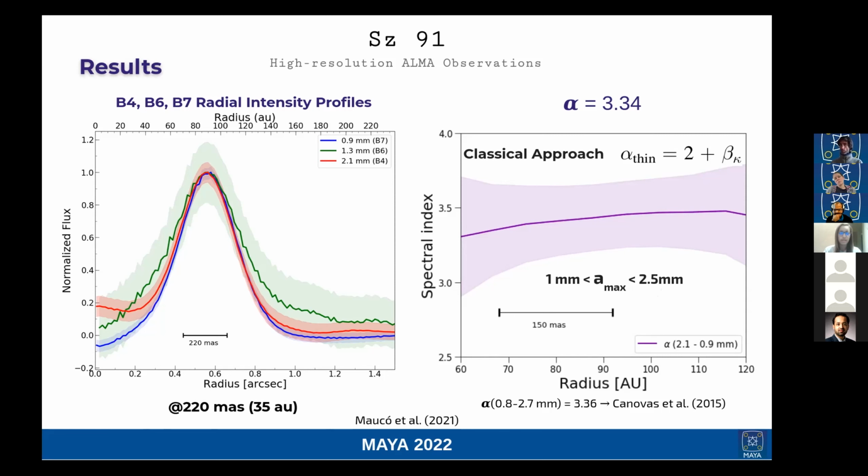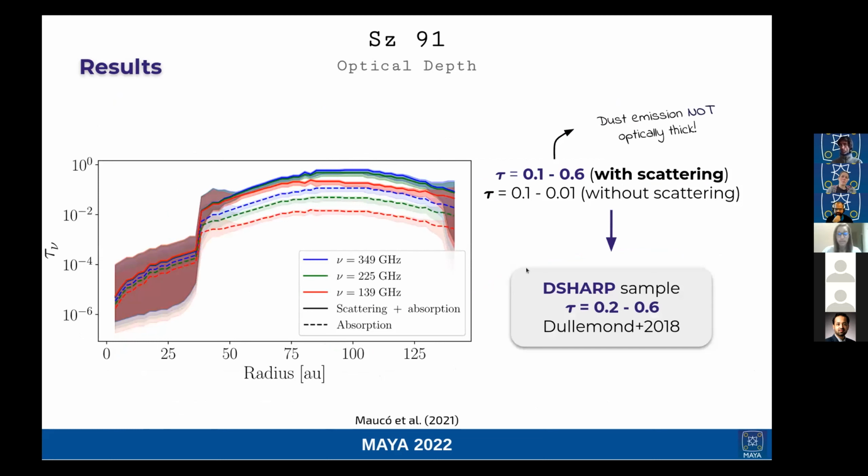So for that, the first thing that we estimated with our model is the optical depth. I show you here the optical depth as a function of radius. Again, this is only valid over here where the ring of dust is located. And you can see that for the pure absorption case, without including scattering, which is the dashed lines here, we found a peak optical depth from 0.1 to 0.01.